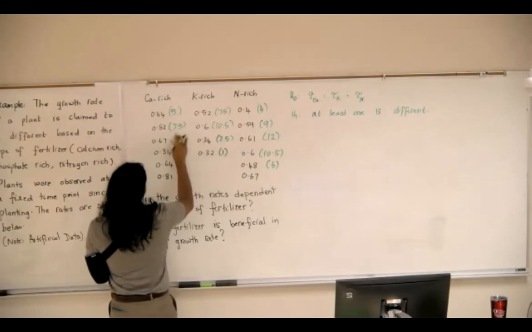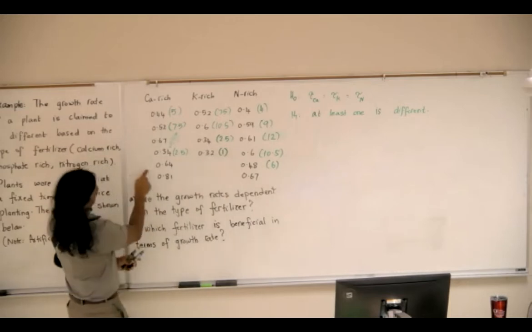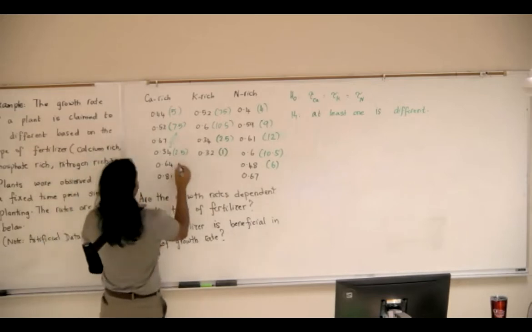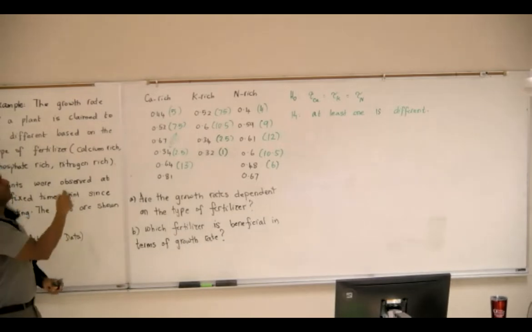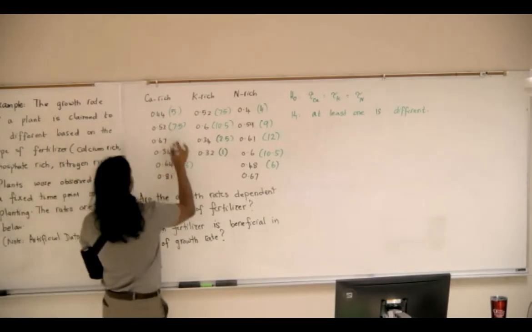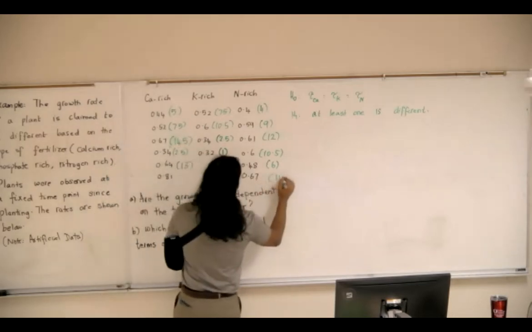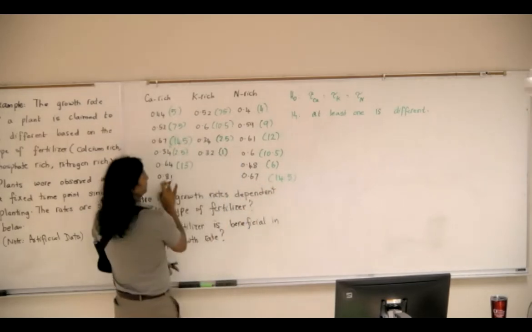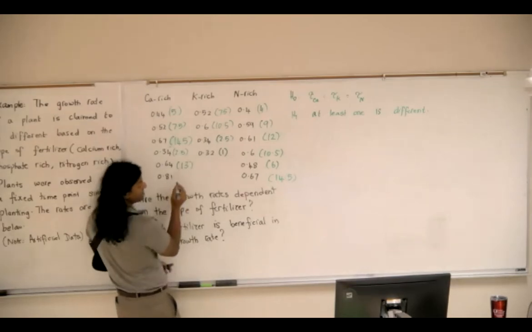Nope, spoke too soon. That's 12.64, that would be 13. The average of 14 and 15 is 14.5. And last one has to be 16.